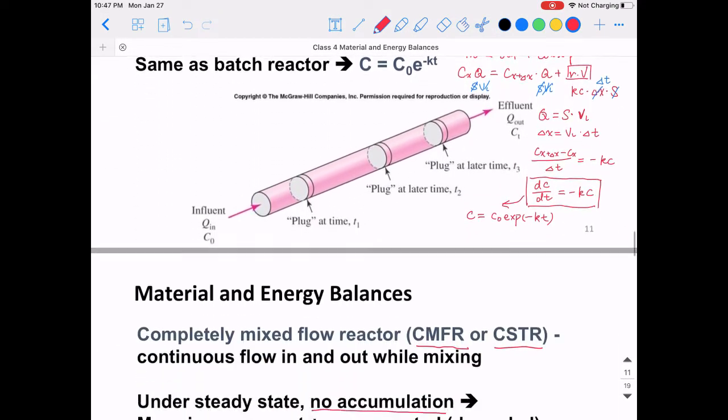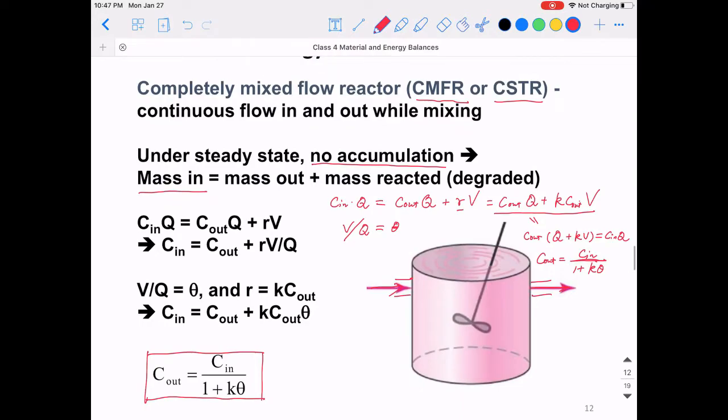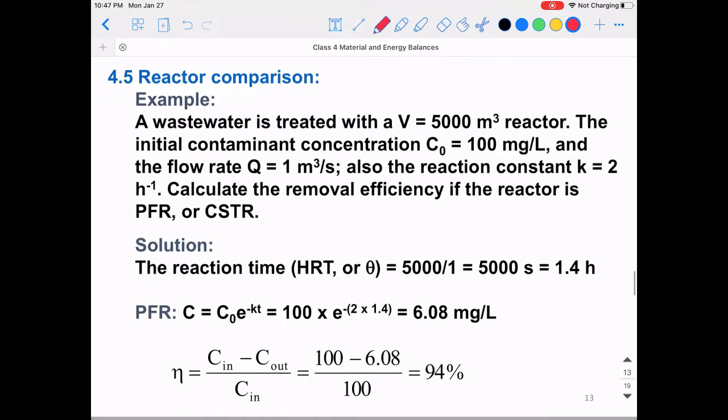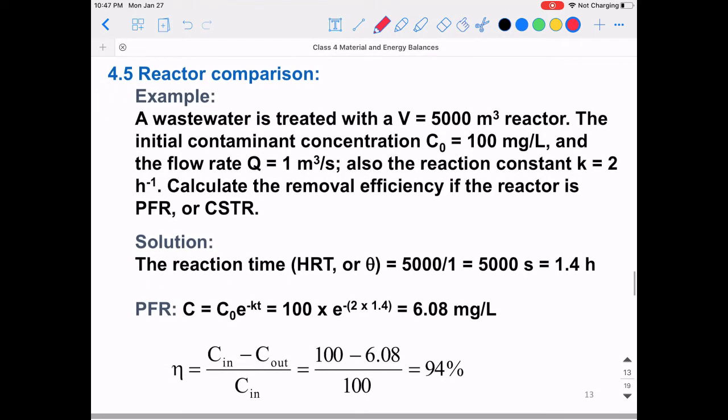So how do we compare the performance of the PFR and the CMFR? Which one is better? Let's do a simple comparison here. Let's assume there's a wastewater treatment process treating a total volume of 5,000 cubic meters.